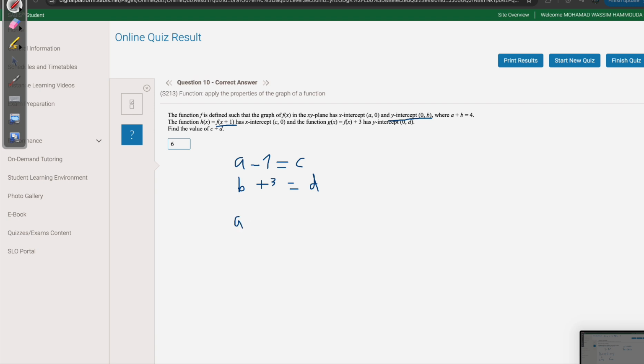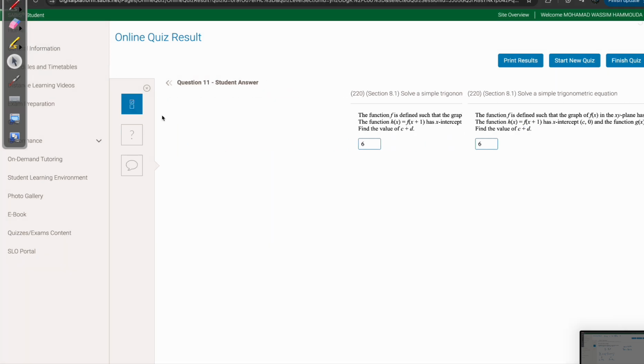So a plus b plus 2 is equal to c plus d. They said a plus b is equal to 4, 4 plus 2 is equal to 6, which is c plus d.